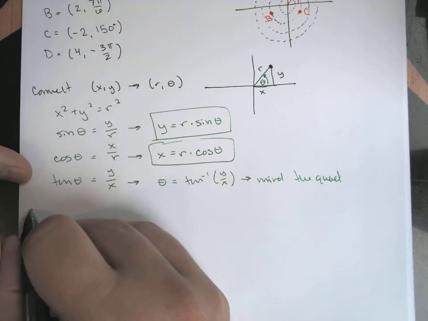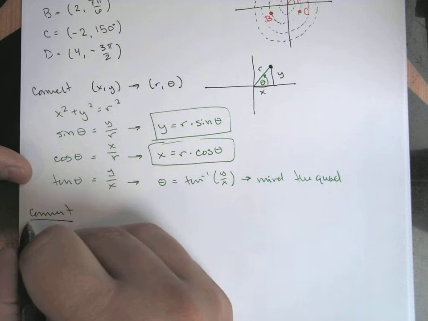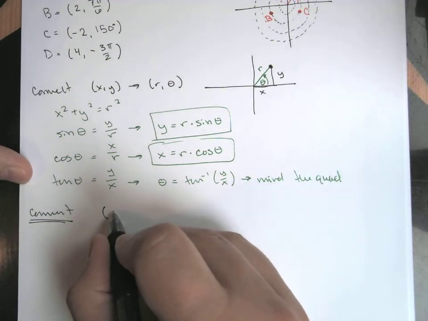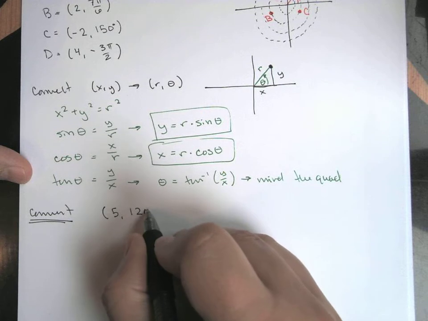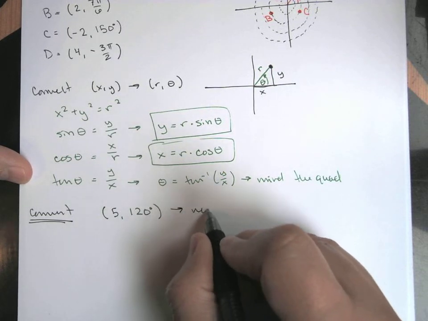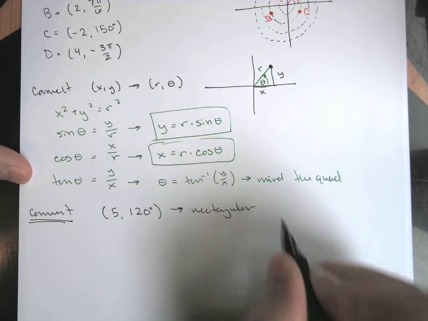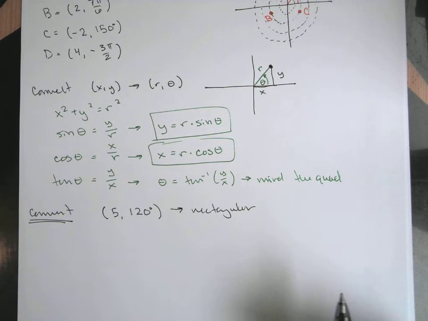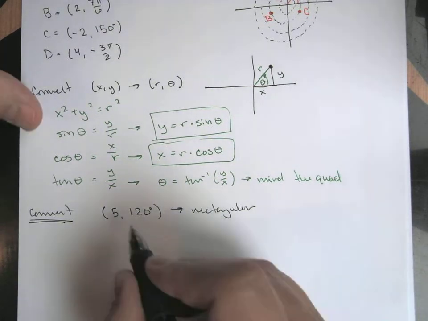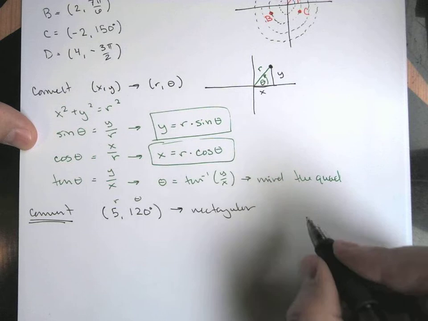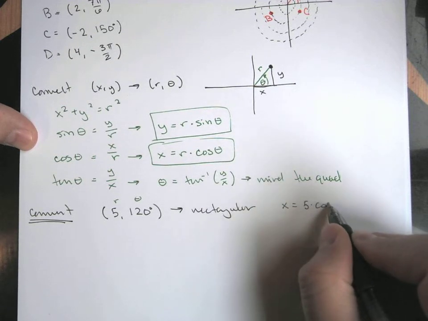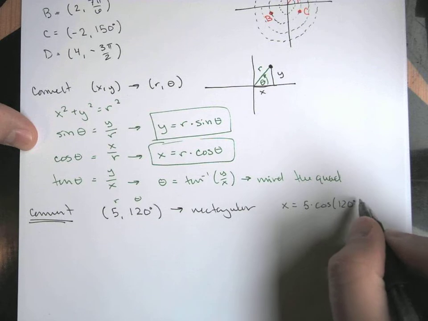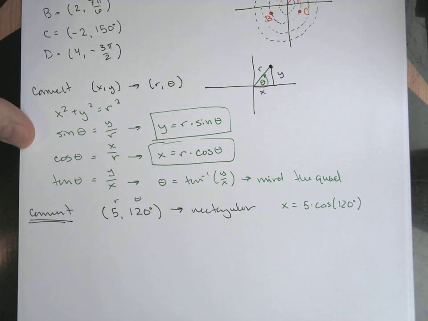So for example, let's say 5 and 120 degrees, and let's convert it into rectangular. This is my radius, this is my angle. The x value should be 5 times cosine of 120 degrees. What is cosine of 120?